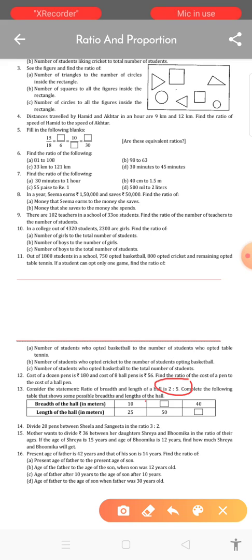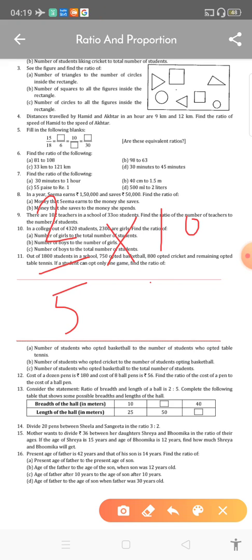This is given 10 by 25. If you multiply the given ratio 2 by 5, okay, this is 2:5, you can write it 2 by 5, by multiplying both numerator and denominator by 10, okay, so we obtain 20 by 50.